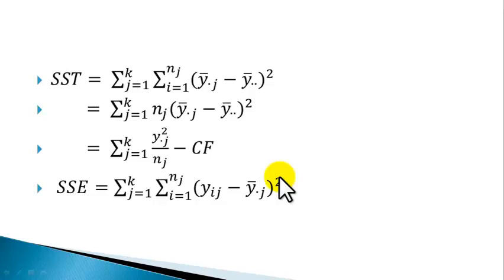This can easily be obtained by subtracting the sum of squares of treatment from that of total. That is, SSE is equal to SST, the sum of squares of total, minus SSTr, the sum of squares of treatment.